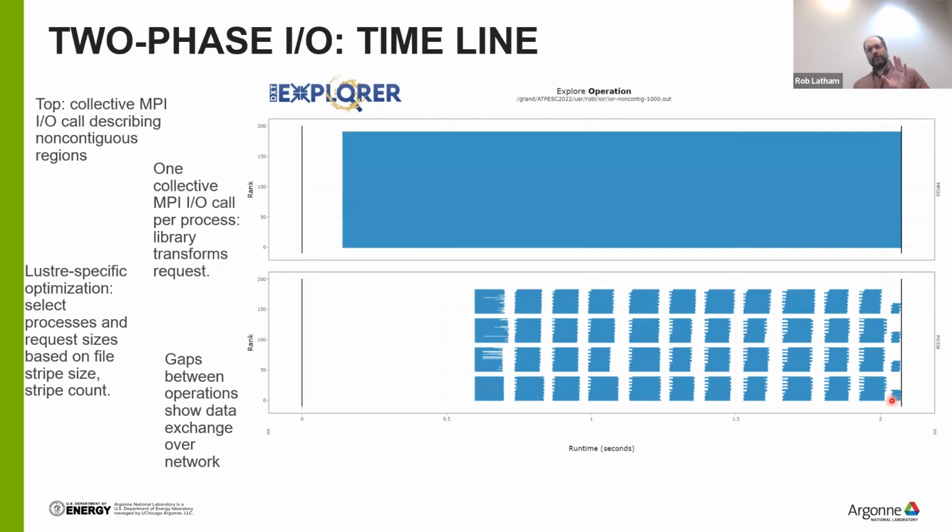To the first order, if you just run this code on Polaris, you get a pretty good number of aggregators. You can experiment with how many aggregators per node you might want, and that's probably a useful experiment. But the default parameters here seem to be not too bad.